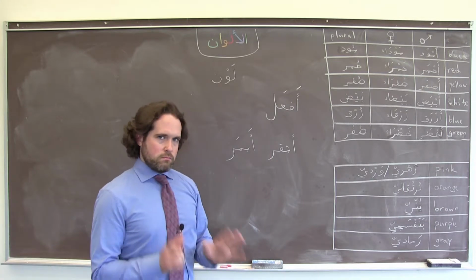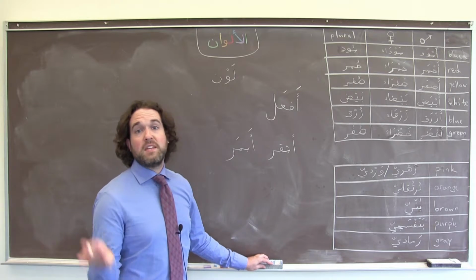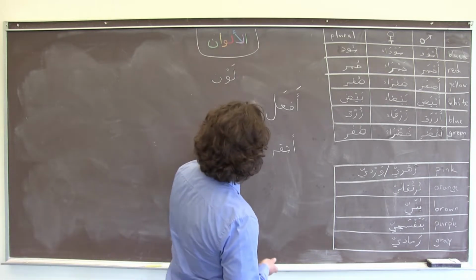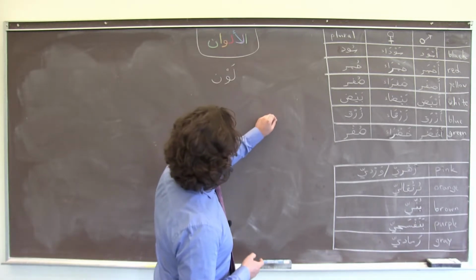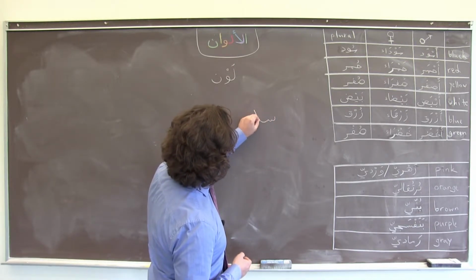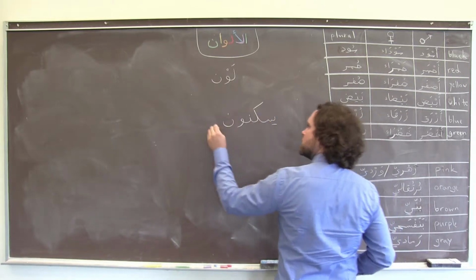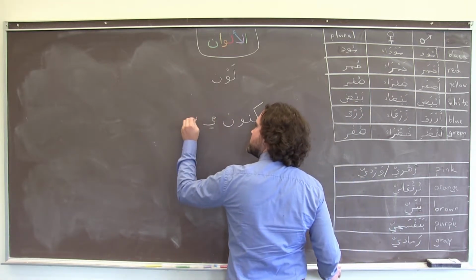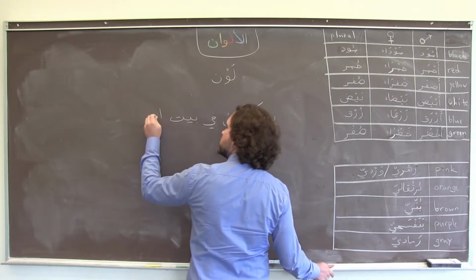So let's take a look at a few examples. If we wanted to say they live in a yellow house, we would write يسكنون في بيت أصفر.